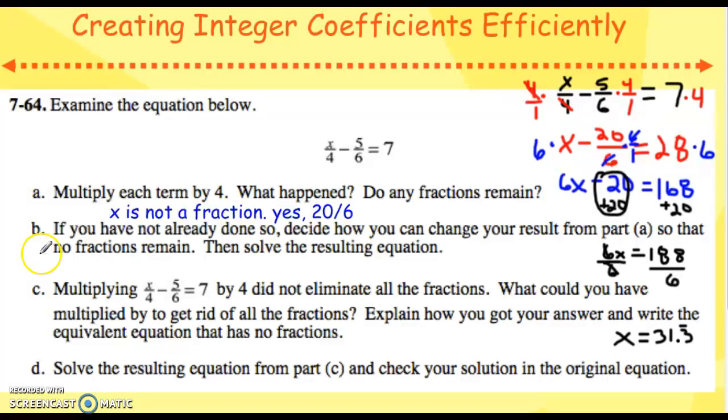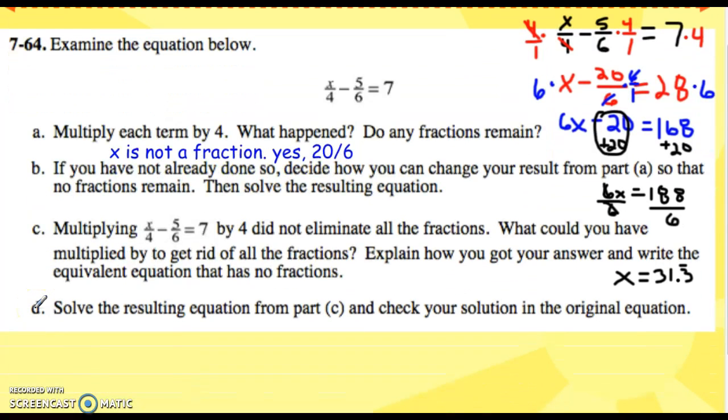C says multiplying x over 4 minus 5 over 6 equals 7 by 4 did not eliminate all of the fractions. What could you have multiplied by to get rid of all of the fractions? Explain how you got your answer and write the equivalent equation that has no fractions.